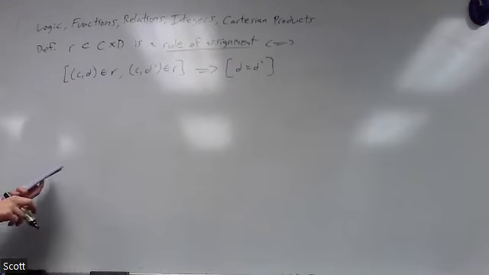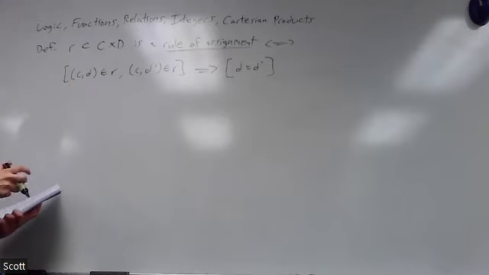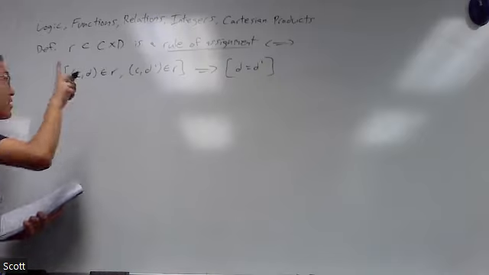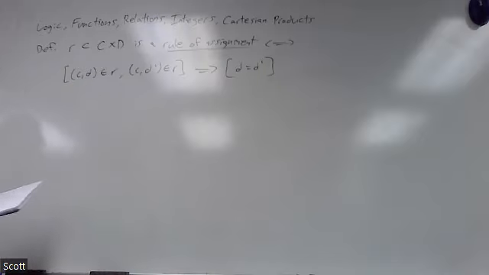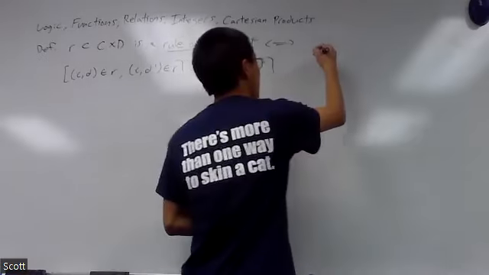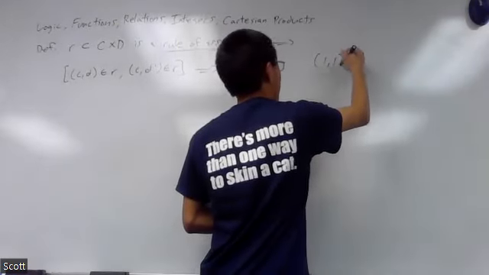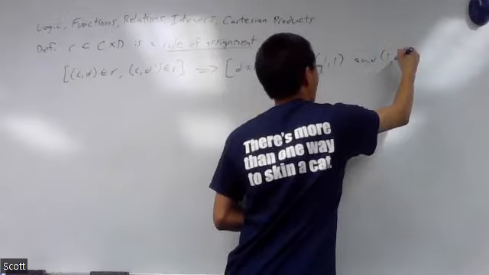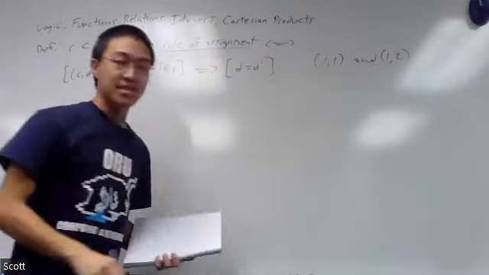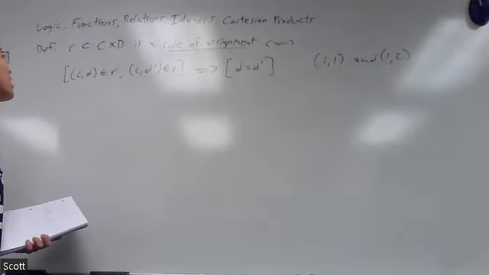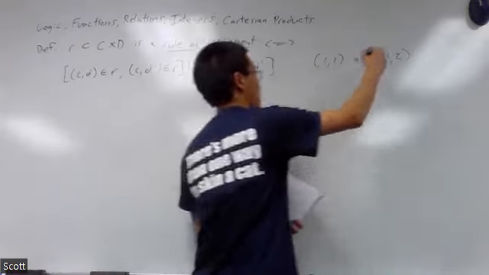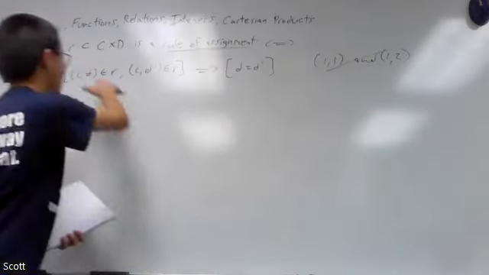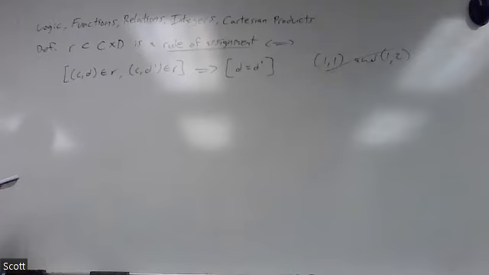Another way you could say that with words is that every single element C is appearing as the first element of at least one ordered pair and only one ordered pair. So you would not have something like (1, 1) and (1, 2). That cannot simultaneously be true in a rule of assignment. So that would fail to be true for a rule of assignment R.